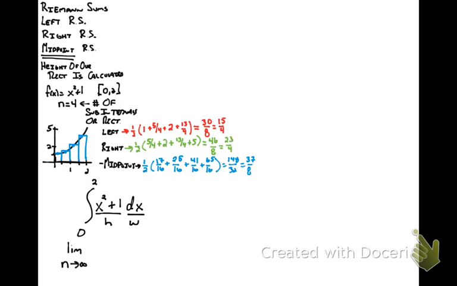The number of rectangles has become infinite, of the sum as k goes from 1 to n of our function, so in this case x squared plus 1 times the change in x.